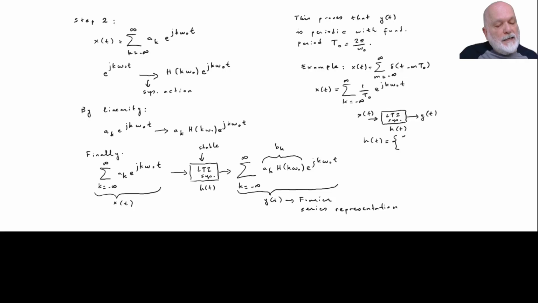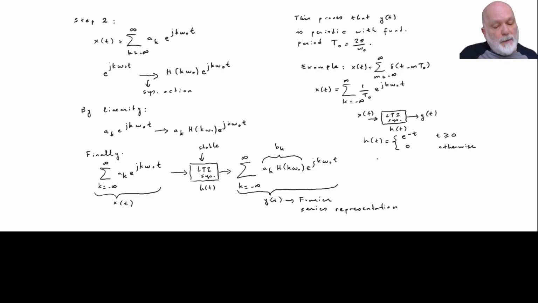It is e to minus t for t greater than or equal to 0 and 0 otherwise. Now let us check the condition of absolute integrability. Now you see that this is a decaying exponential. Therefore, it is very easy to verify that h of t is absolutely integrable. Therefore, our system is stable because this absolute integrability condition is satisfied.